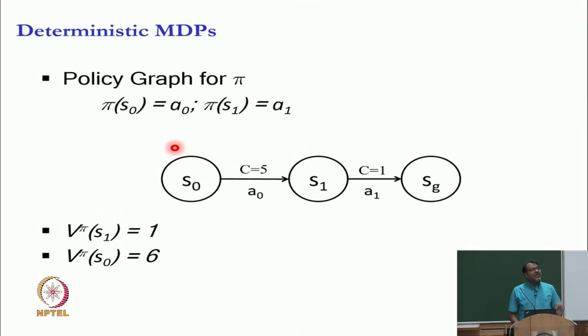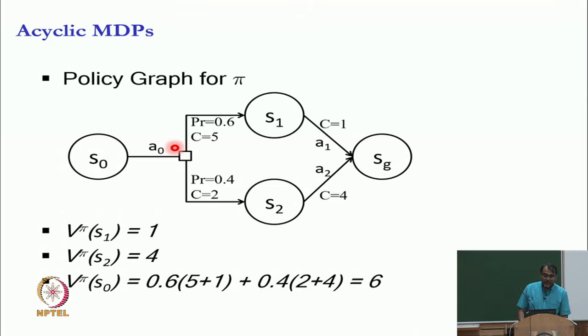Now, if I give you an acyclic MDP, it will not be much harder. So, let us say I give you this acyclic MDP. In S0 do A0, there is an AND node. Why? Because there are probabilities, okay, no problem. With 0.4 you pay cost 2, get to S2, with 0.6 you pay cost 5, get to S1, then you can take different actions here, you can get to the goal.